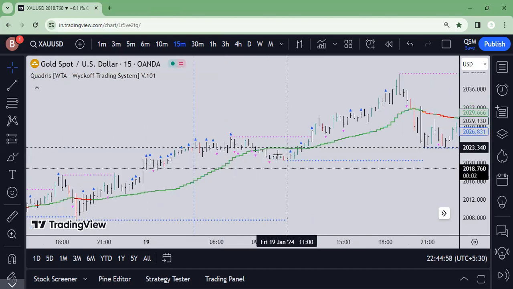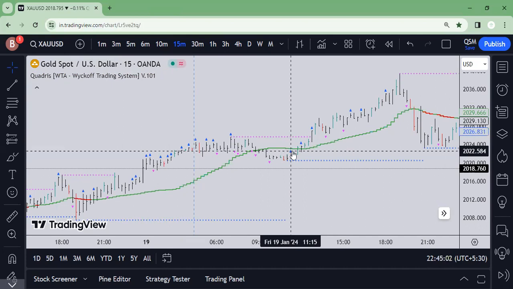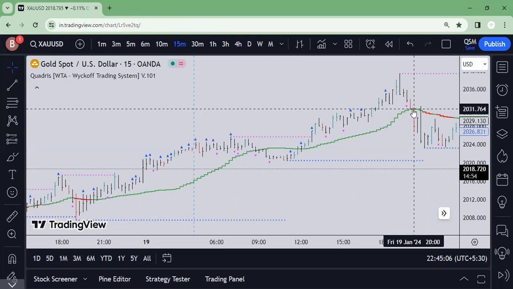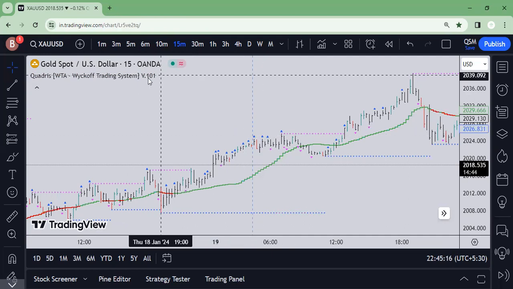Even if I would have considered this green being a strong uptrend, then I would have exited over here. So it's a very high rewarding trading system, especially designed for traders who are struggling with trading day in and day out.